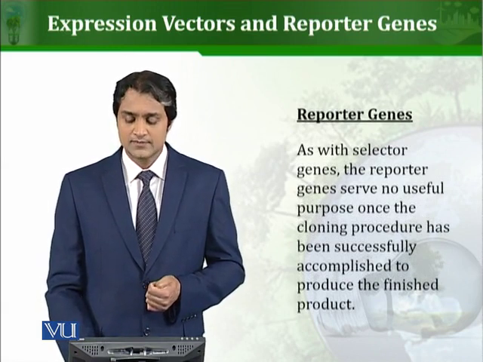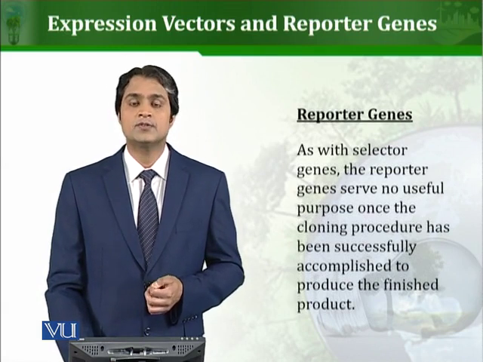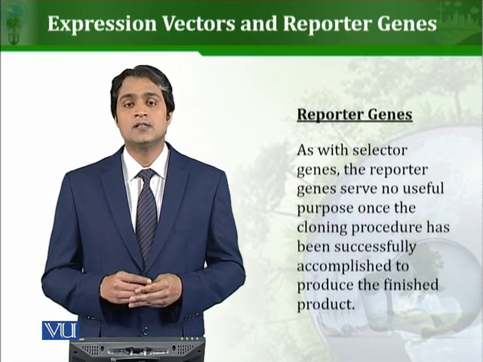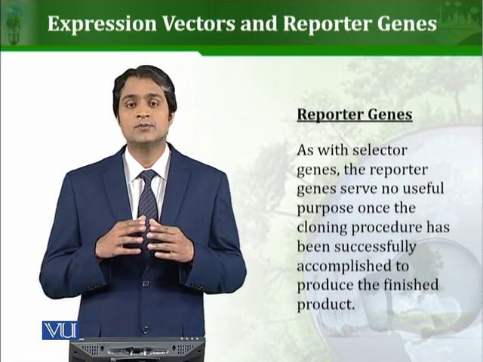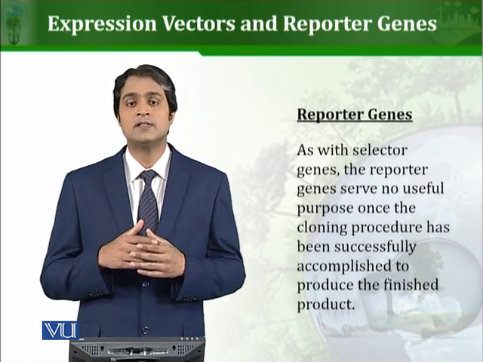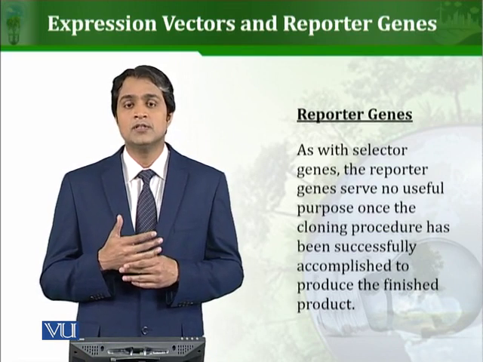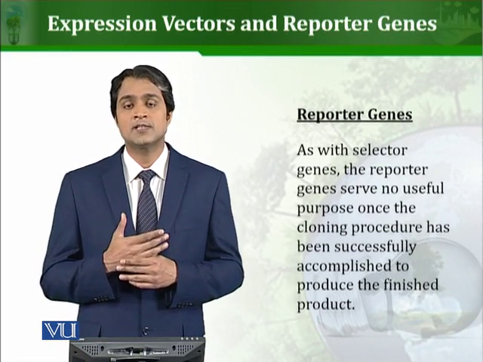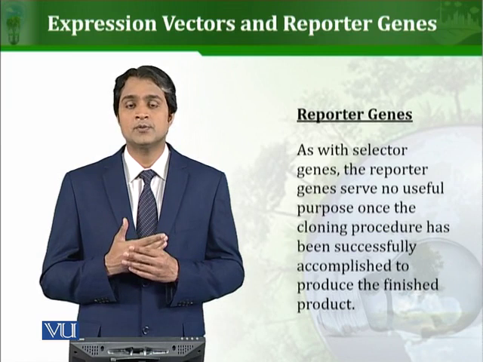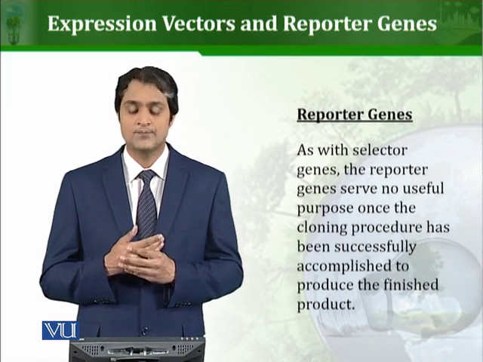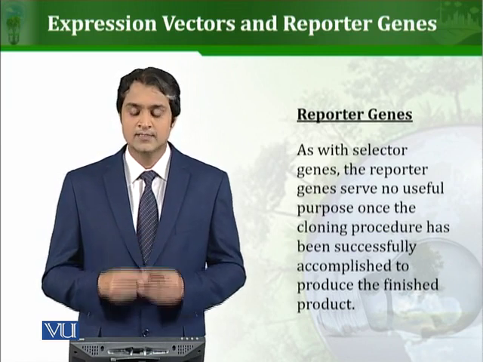As with selector genes, the reporter genes serve no useful purpose once the cloning procedure has been successfully accomplished to produce the finished product. So they are just an indication for us to assess whether our experiment is being performed correctly or not. So once we have completed the experiment, only then we can look at the final product, which is our protein of interest. This was about the expression vectors and the reporter genes.